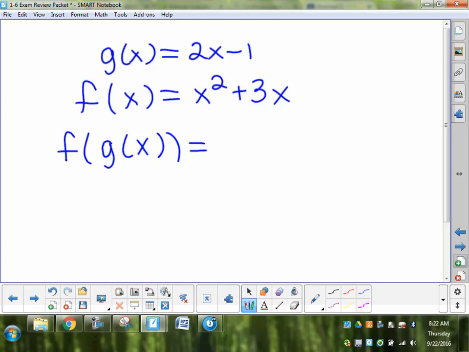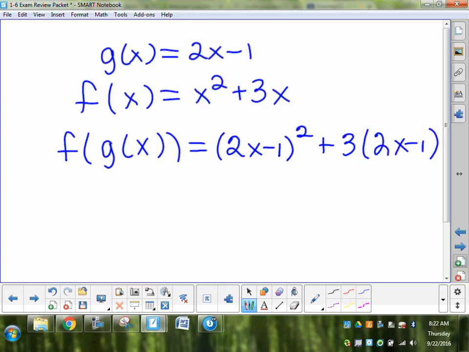Hands up, please, if you can tell me. What's that going to look like when I make that insertion? We're not going to go all the way. Can anyone tell me what the setup on that would look like? You would put 2x minus 1 in for x, so (2x minus 1) squared plus 3 times (2x minus 1).